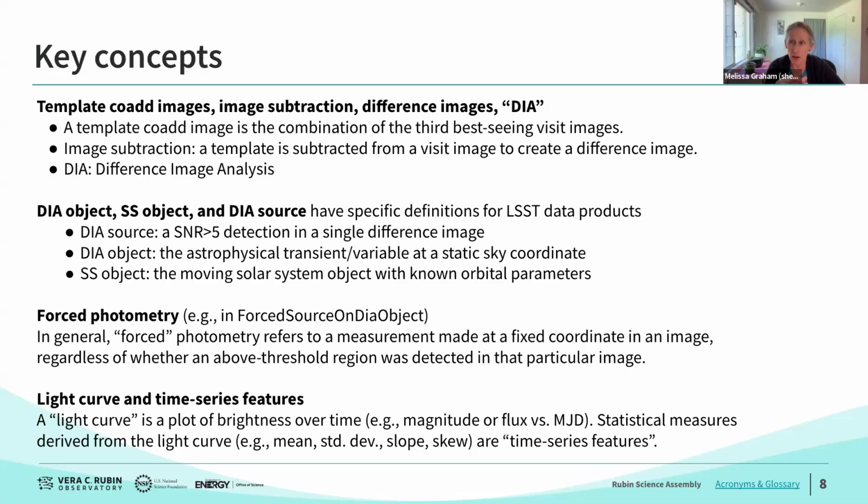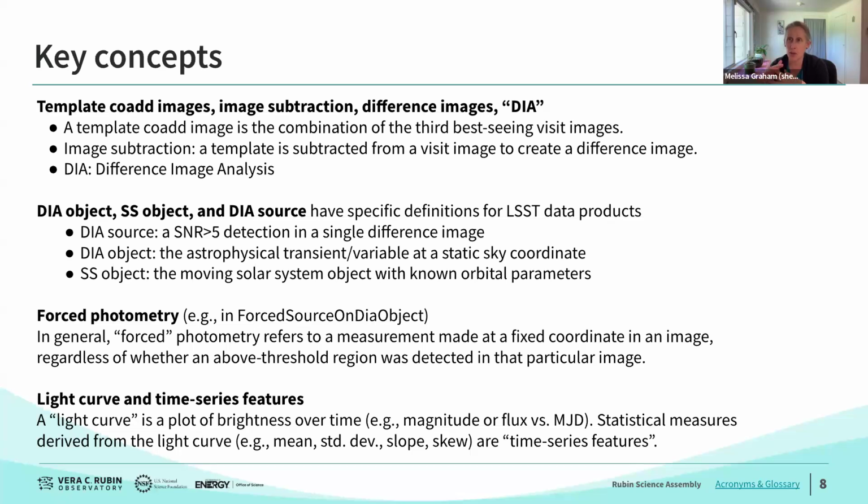The SS object also refers to the astrophysical objects, not just the detections of them, but the SS stands for solar system. So the SS object is a moving solar system object that has a set of known orbital parameters. So source is always a detection in a single image, and object always refers to the actual physical source.